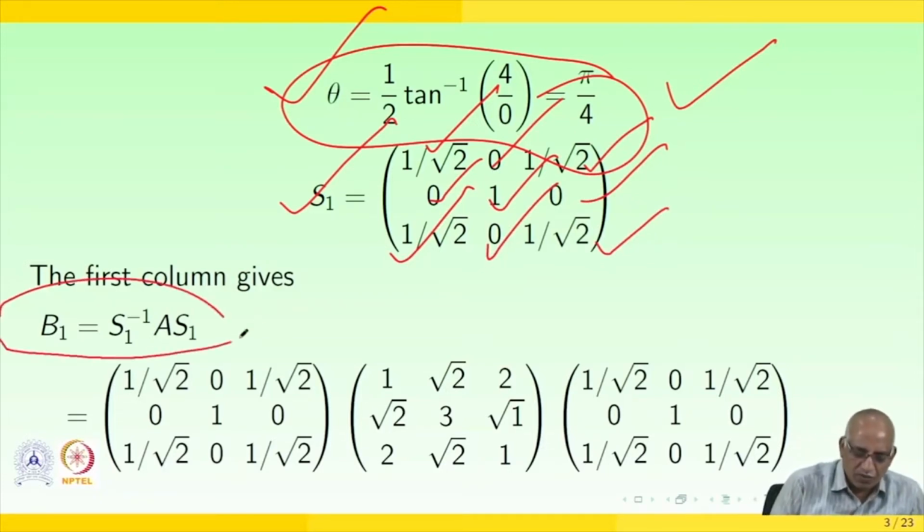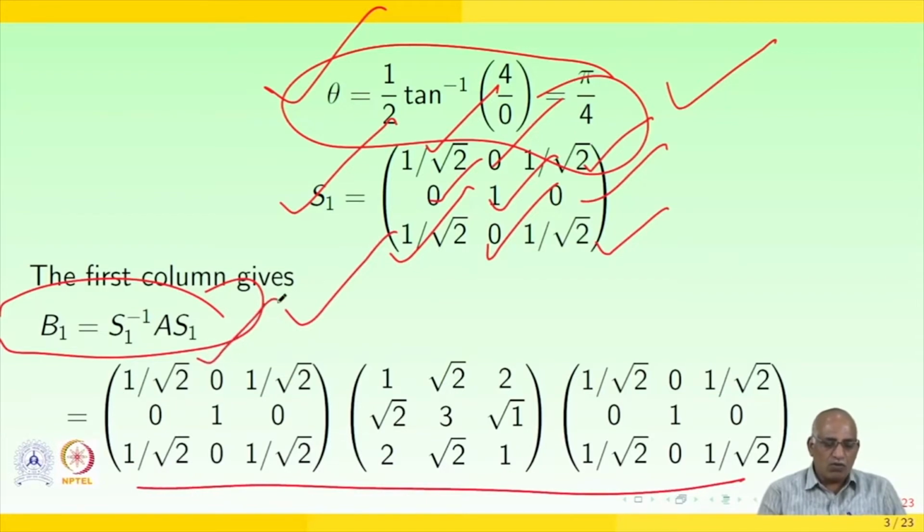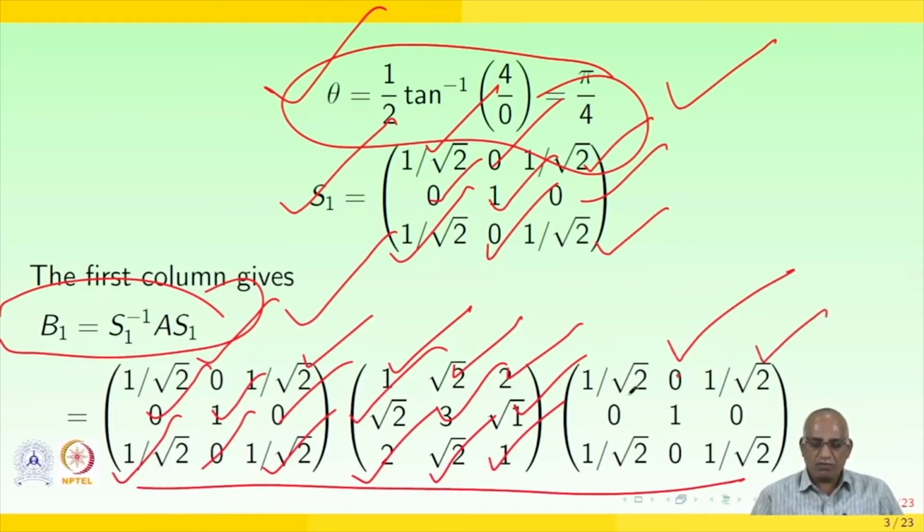The first rotation gives B1 equal to S1 inverse A S1. That is 1 over root 2, 0, 1 over root 2; 0, 1, 0; 1 over root 2, 0, 1 over root 2, multiplied with the matrix A, and again multiplied with S1, which is 1 over root 2, 0, 1 over root 2; 0, 1, 0; 1 over root 2, 0, 1 over root 2.